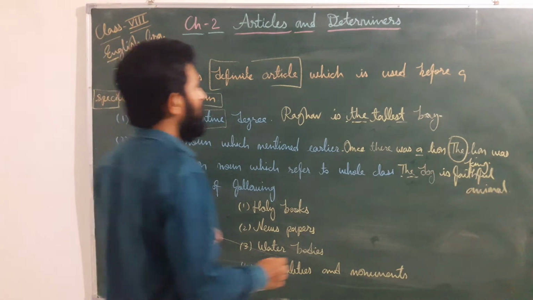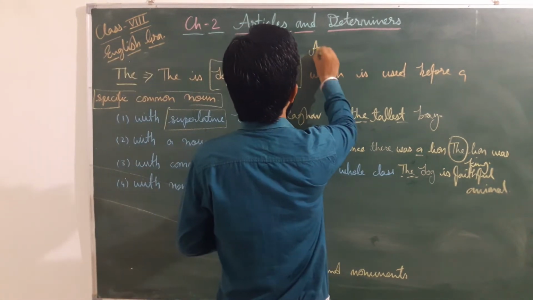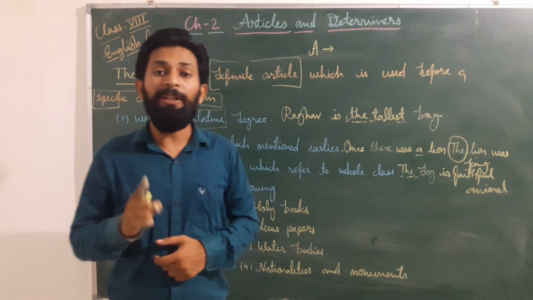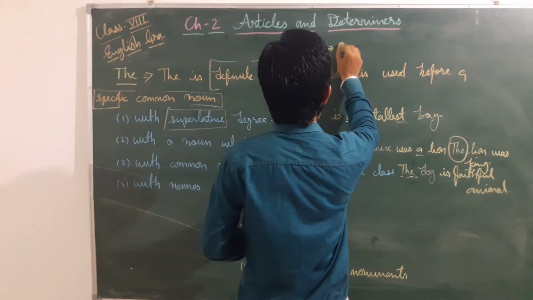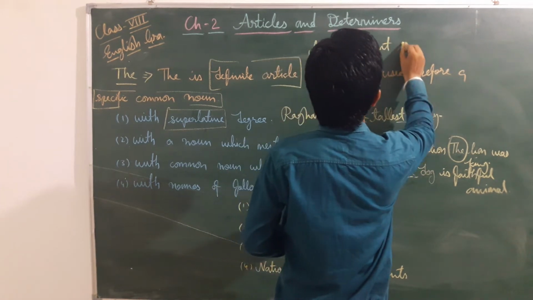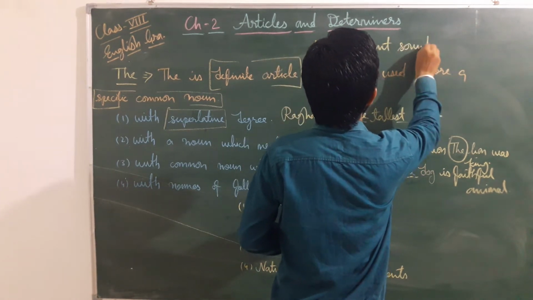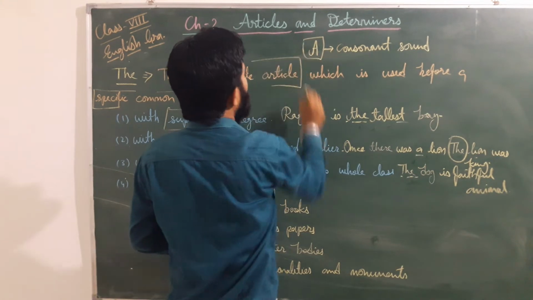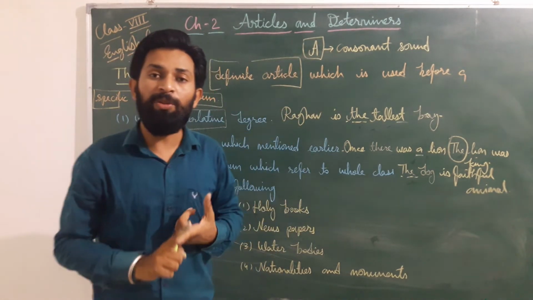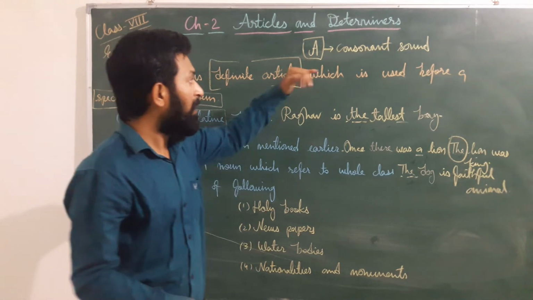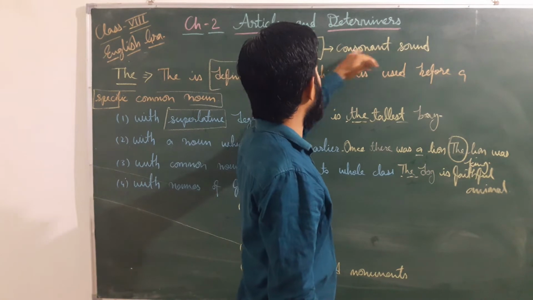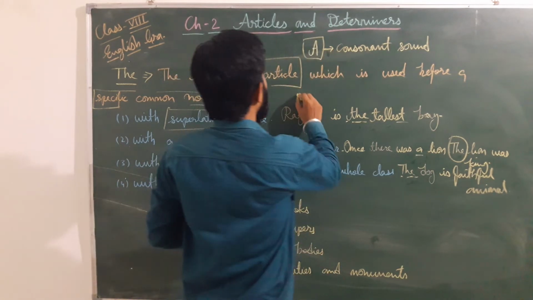At first I will start with a, where you have to use a. If any spelling starts with a consonant sound, it doesn't matter whether the first letter is a consonant or vowel, it doesn't matter. If any spelling starts with a consonant sound, then you have to use a.